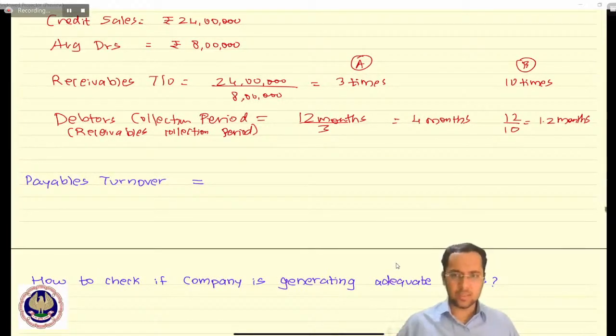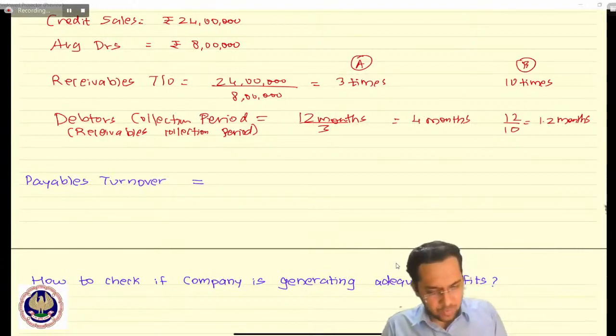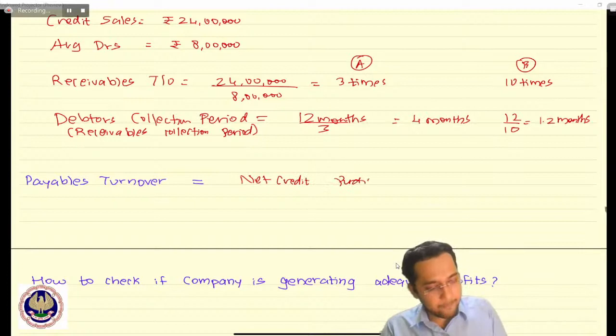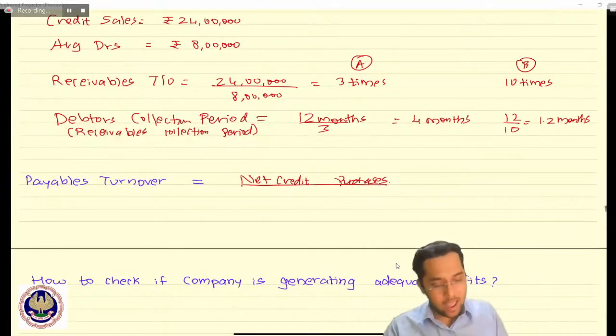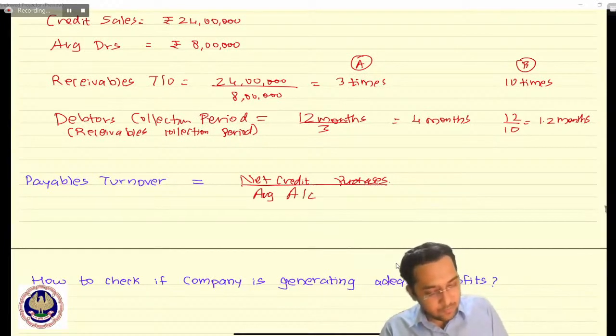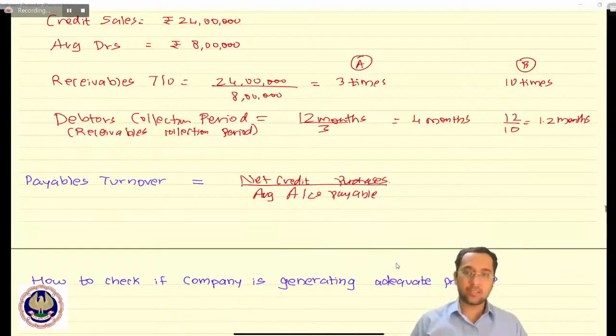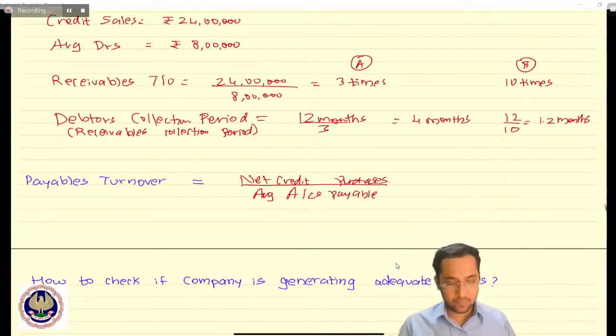So payables turnover is simply going to be average net credit purchases upon average accounts payable. Now accounts payable, you realize that includes both creditors as well as your bills payable.